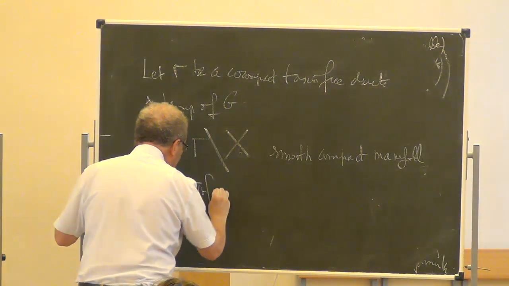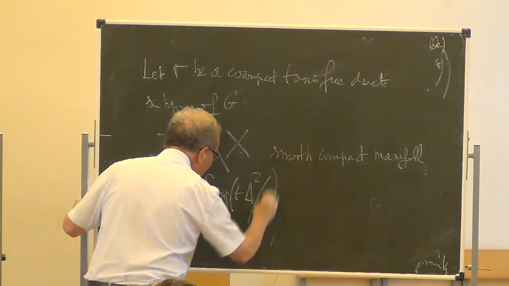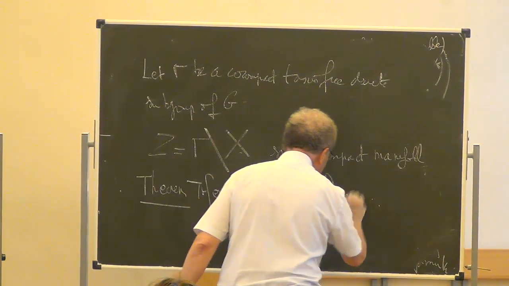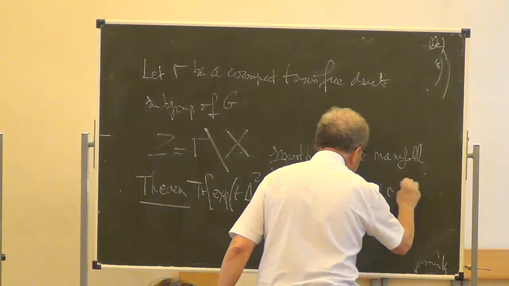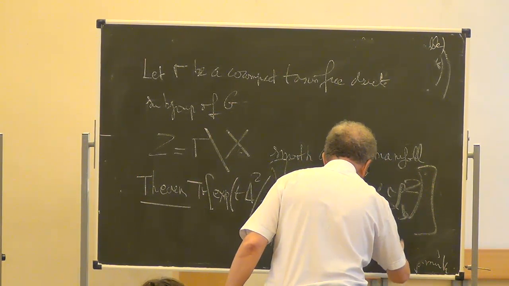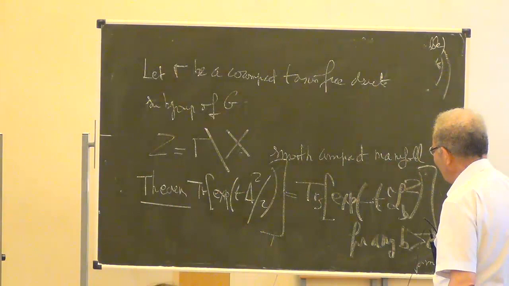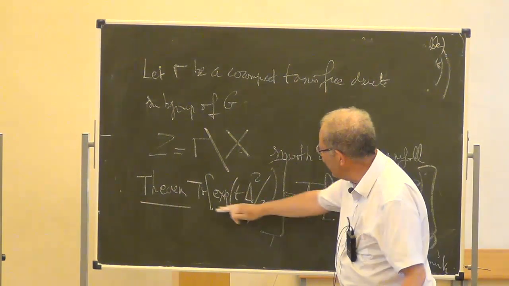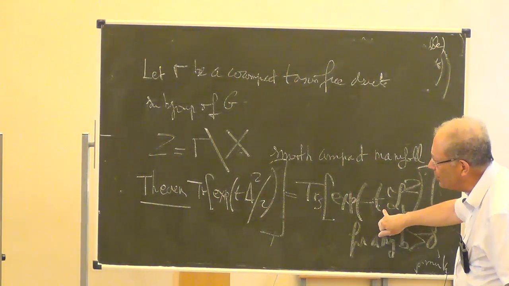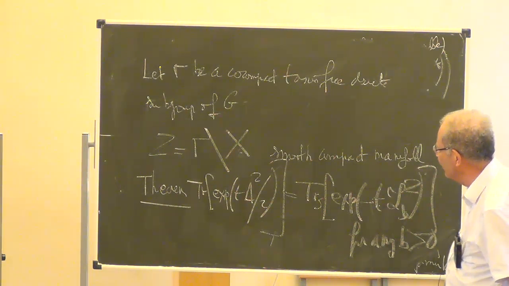The trace of the heat kernel of Z is equal to the supertrace of exponential minus t LBZ for any B. Again, this is a scalar trace, and here we have a supertrace because we are acting on sections of a Z-graded vector bundle, so we have an alternating sum of traces.